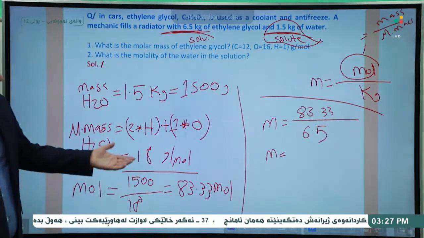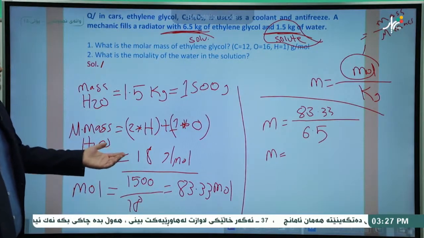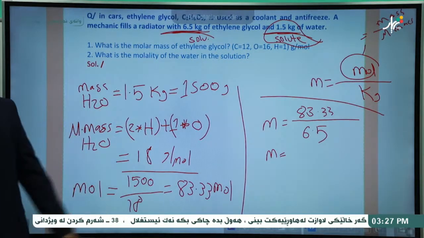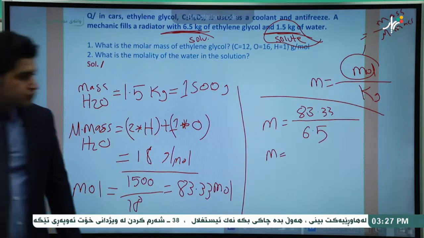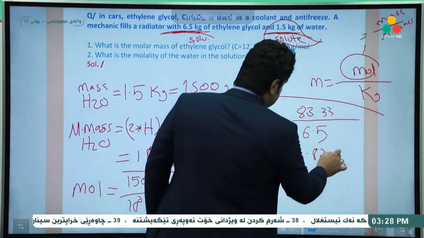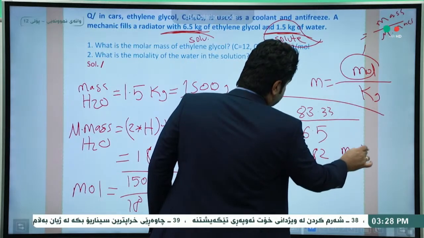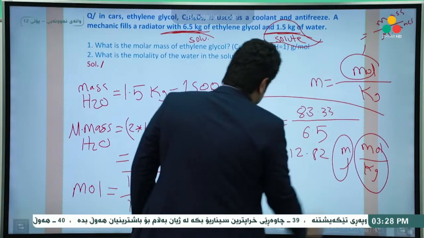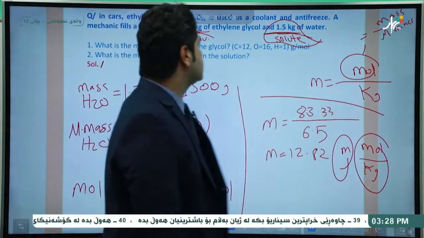I think it's very easy. The only thing is you have to memorize all the notations. So the last answer is equal to 12.82 molal, or mole per kilogram. That's the unit of molality.